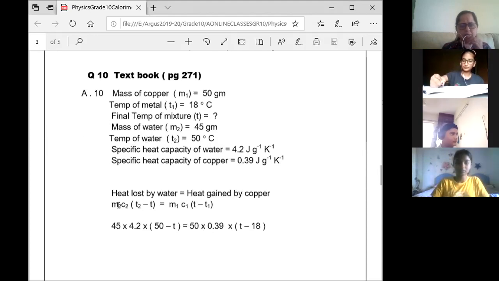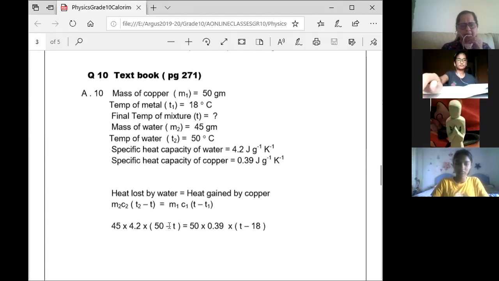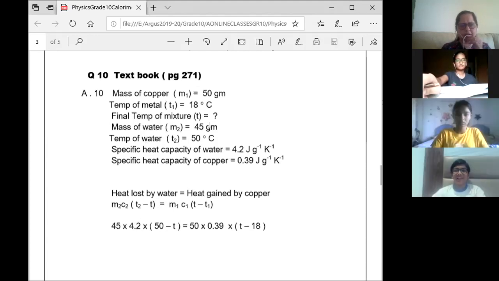So M2C2 delta T, the higher temperature of water coming back to the equilibrium temperature T, equals heat gained by copper, M1C1 delta T. So M1C1 and the equilibrium temperature T minus the initial temperature of copper, T1. So 45 into 4.2 into 50 minus T. What is 50? The temperature of water, T2, 50. So 50 minus T equals M1.